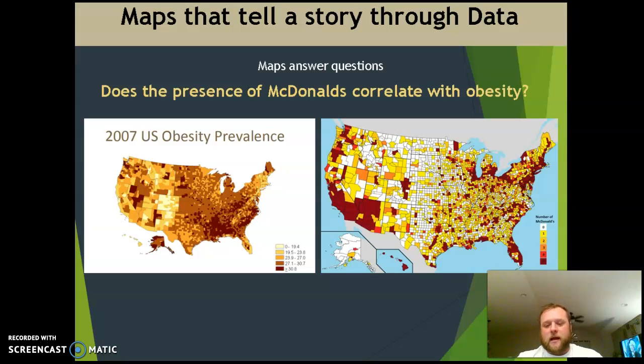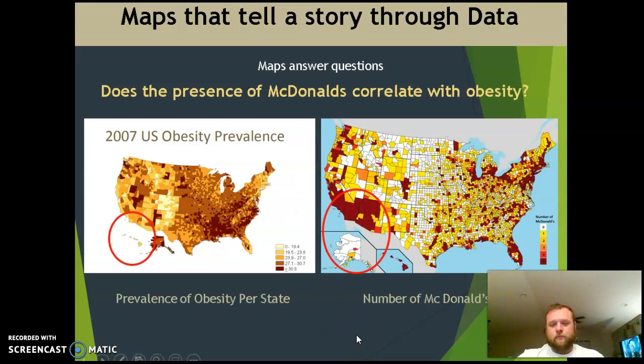So then how do we answer that question? See, some of this data can be misinterpreted because some of these counties are so big, and there are so many McDonald's in some of these counties, that it's not really a great representation.